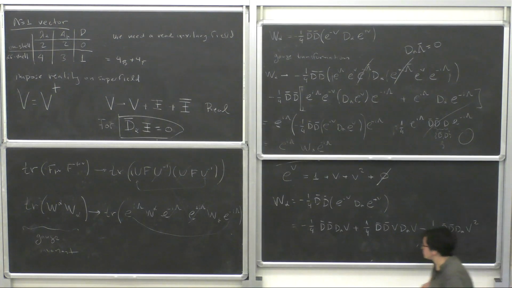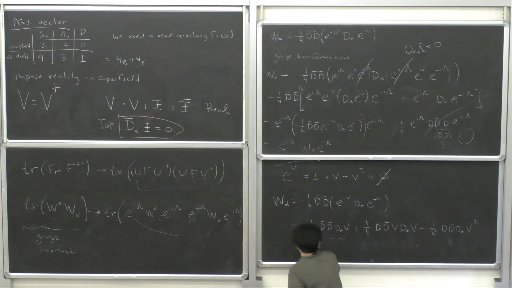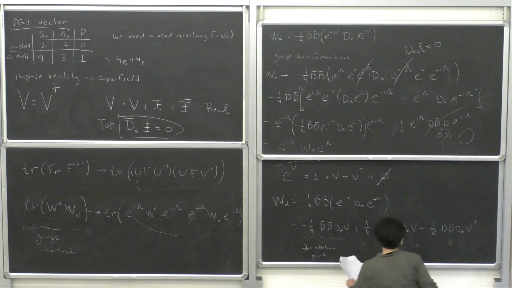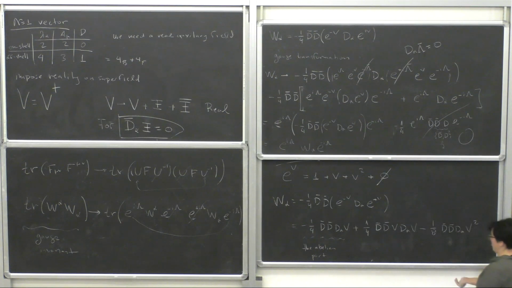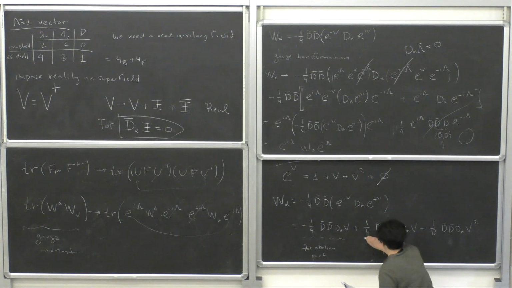And what is this? So this is the abelian part. And this is the non-abelian part, which actually I can also write in a nicer way as a commutator, which is very nice. So this I can write like this.